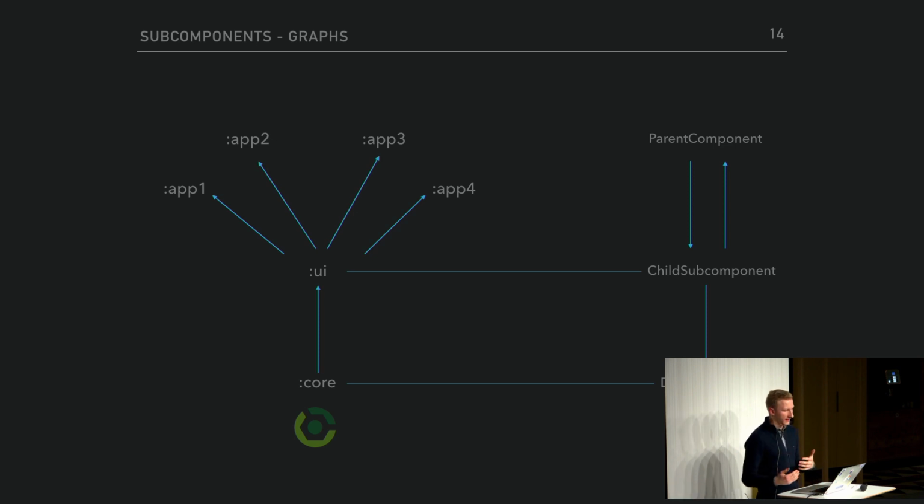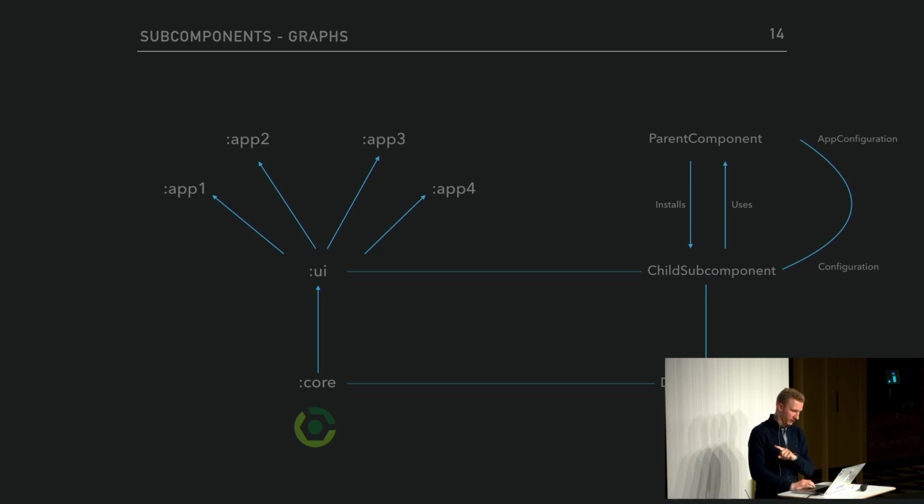So basically, Dagger can be used to configure stuff that is created in the library modules below. Here we can see a simple example. Child subcomponent configures its dependency using a configuration interface, but the actual instance is provided by the parent component.